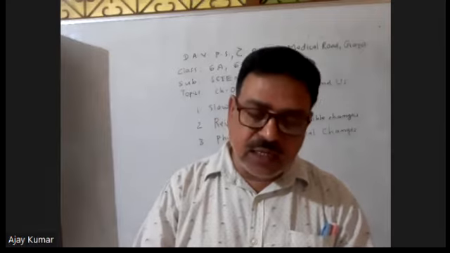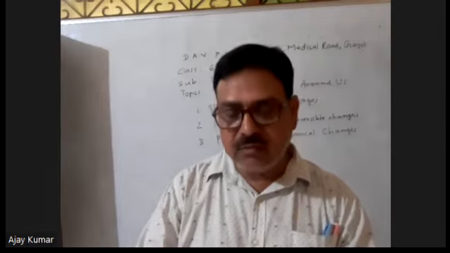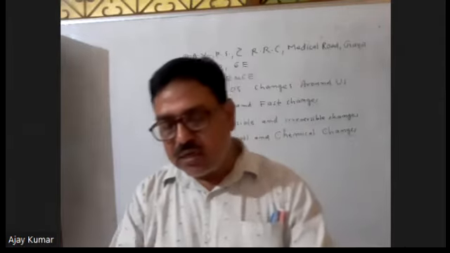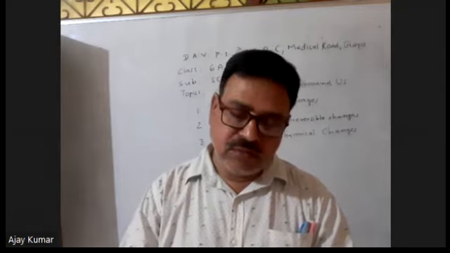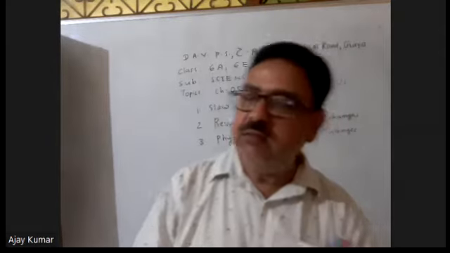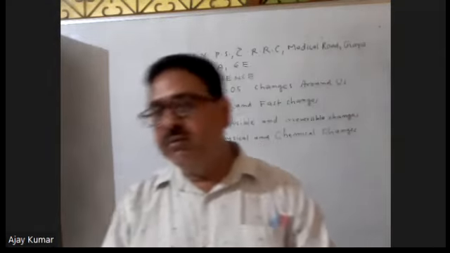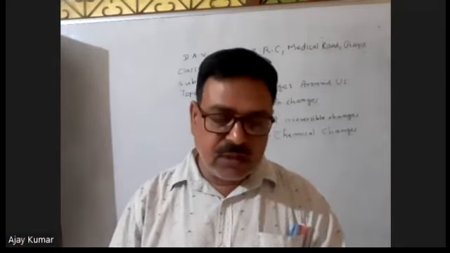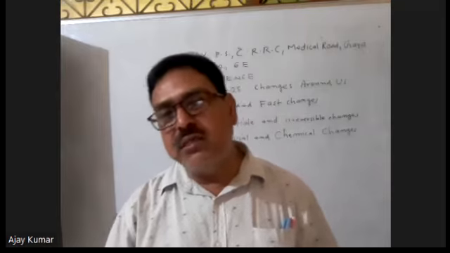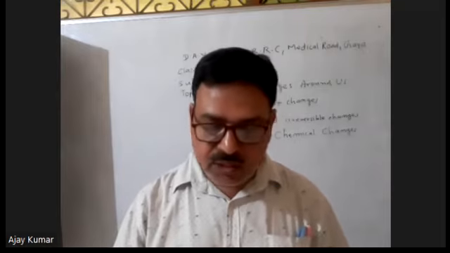Hence, this is an irreversible change. Such a change can occur only in one direction. Paper on burning gives ash. We will not get the paper once again from the ash. So this is the activity related to irreversible change.